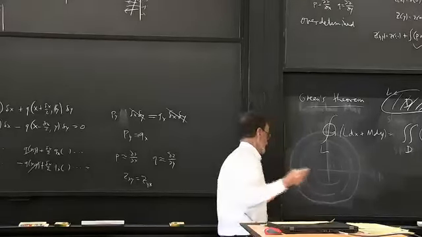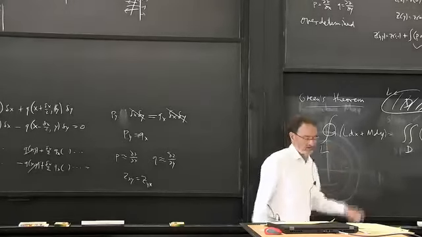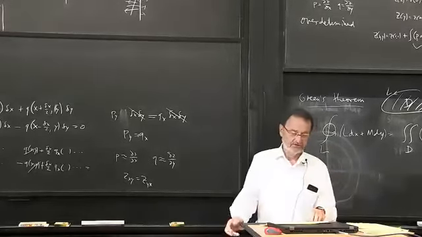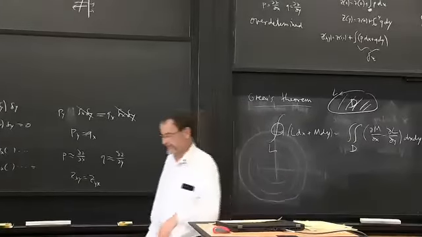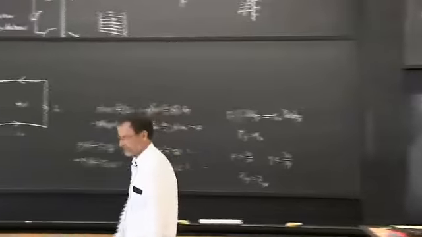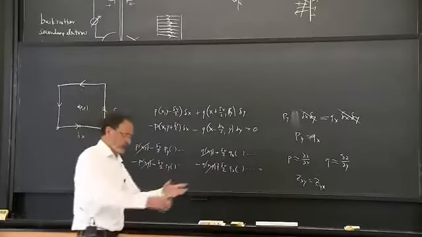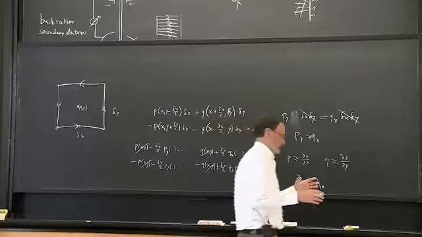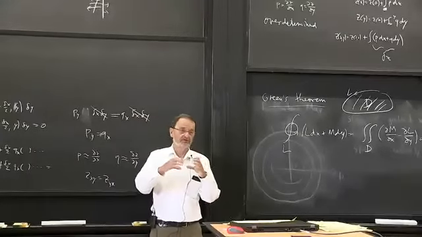So area is an example of something where this is a useful formula because we can compute area by doing something on the boundary instead of doing something in the interior. But it turns out that there are lots of other things we want to do. For example, in vision, often we want to know where something is. And in a simple case, it's a blob.